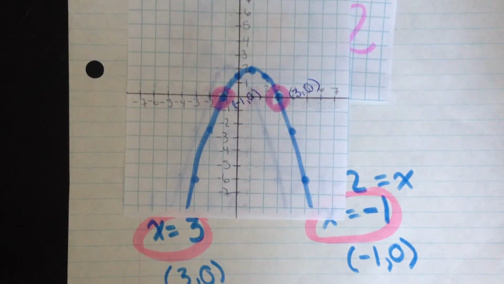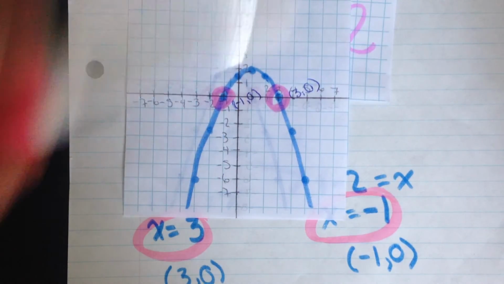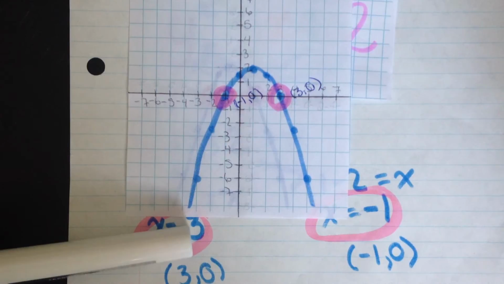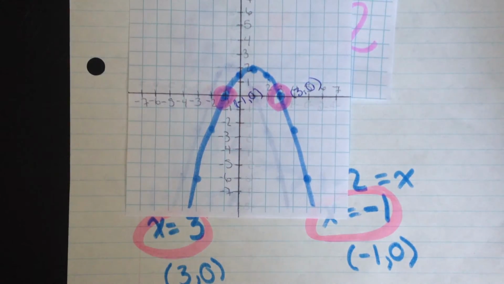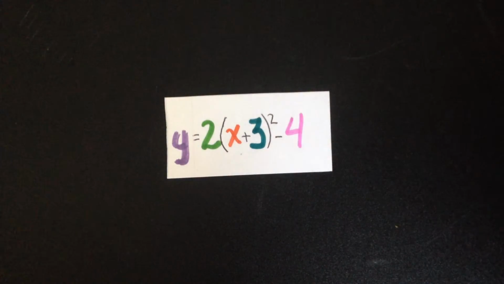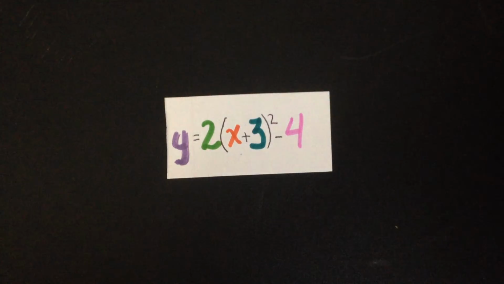So we got the same answer of x-intercepts by graphing the equation and by solving algebraically by substituting y equals 0. Our x-intercepts are -1 and 3. Try this one on your own: y equals 2 (x plus 3) to the power of 2 minus 4.